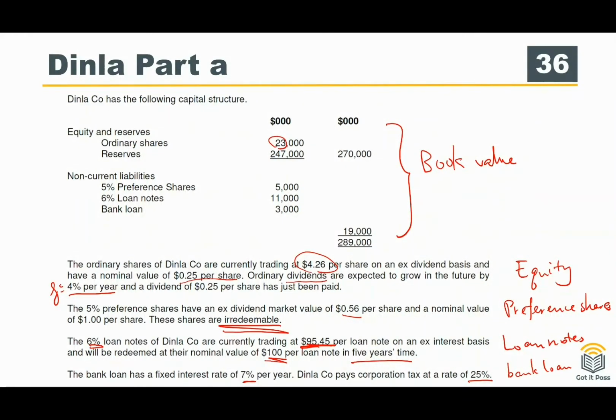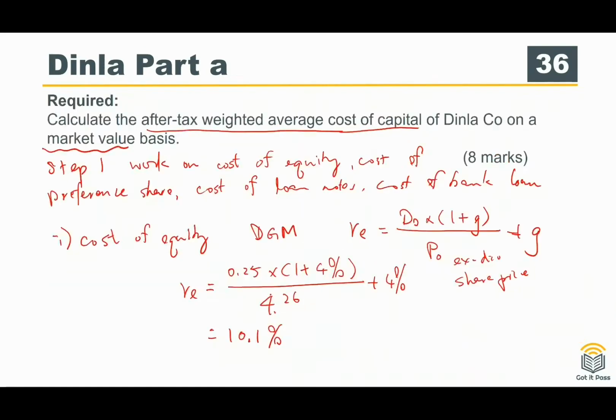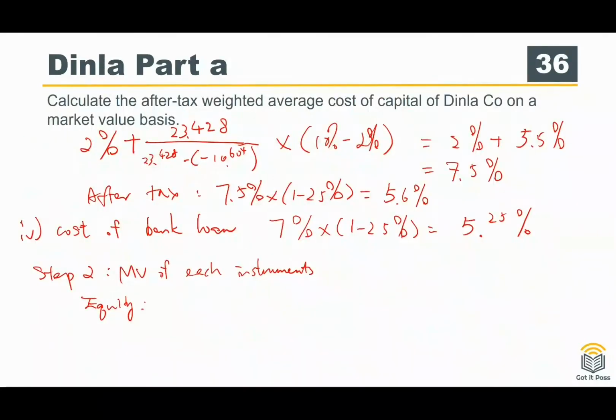So in other words, $1 is equivalent to 4 shares. According to this ratio, we need to convert the nominal value into the number of shares, which is 23 million divided by 25 cents times 4.26, which is the current market price, in which you get 391,920,000. Okay, that is the equity.